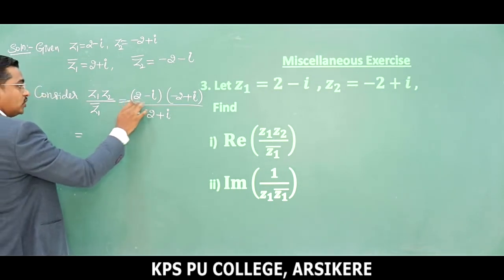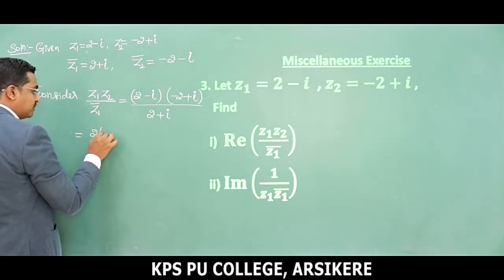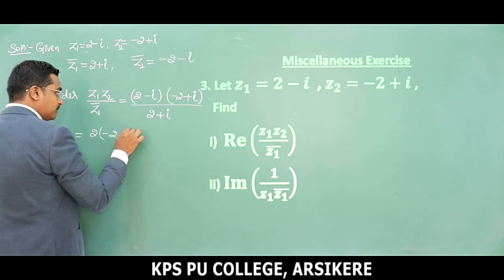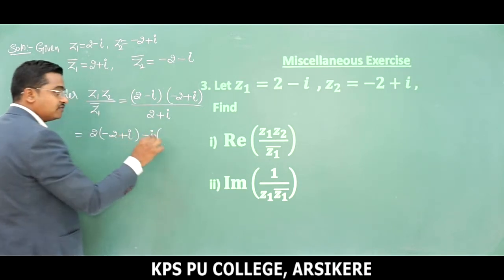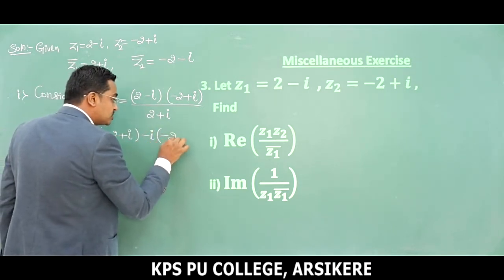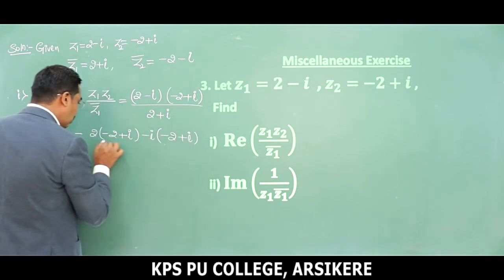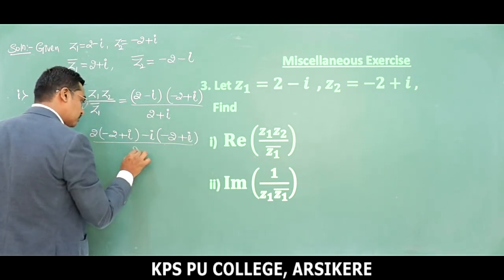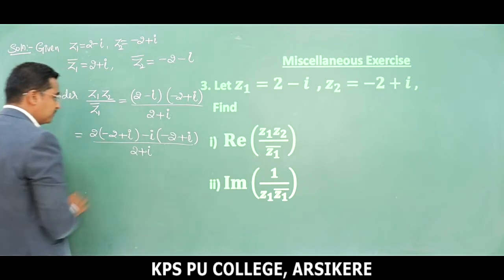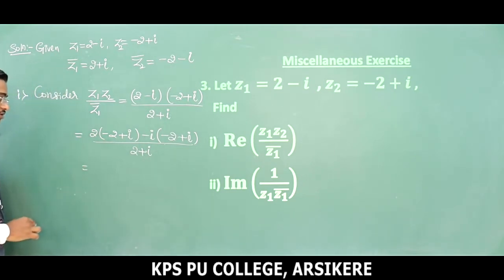Here, first I will multiply by 2. 2 times minus 2 plus I, minus I times the second term, minus 2 plus I, whole divided by 2 plus I. Okay, nice simplification, look.